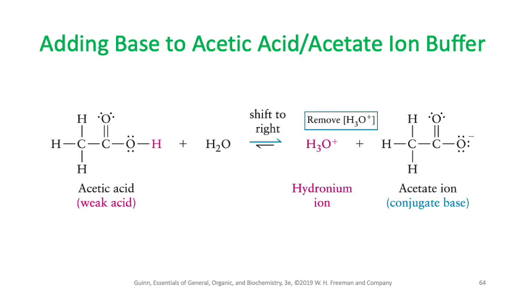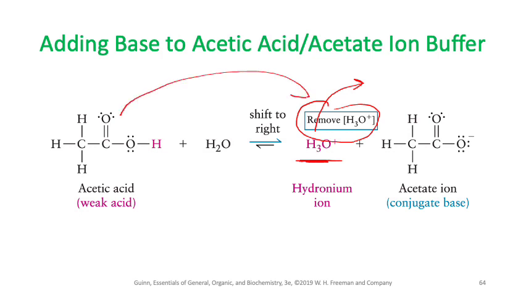Let's take the same example again. If I remove the hydronium ion from here, that means you don't have any extra hydronium. The reaction will think, okay, we don't have enough hydronium ion on the product side.